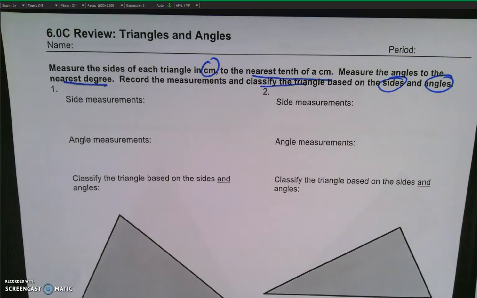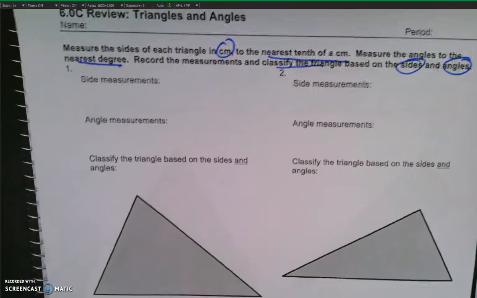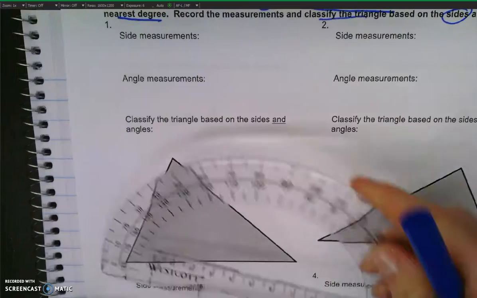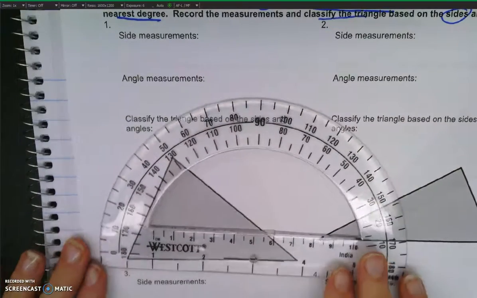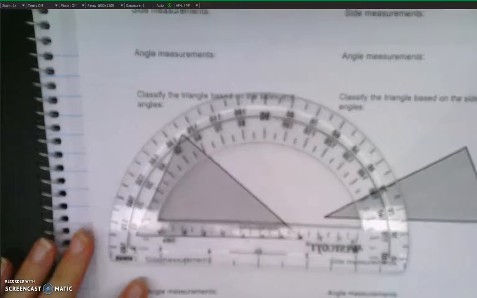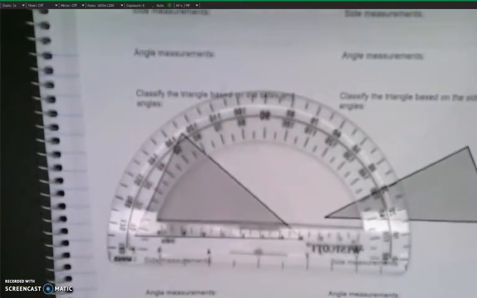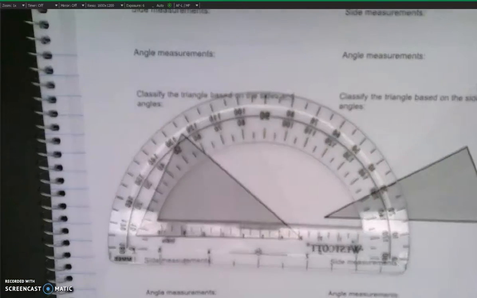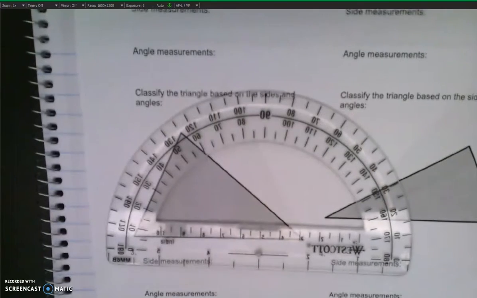Okay, so let's take a look at triangle number 1. Taking on triangle 1, again, I'm going to use my protractor. Make sure you don't have your triangle or your protractor backwards. It's going to be very difficult, if not impossible, to read if your protractor is backwards.